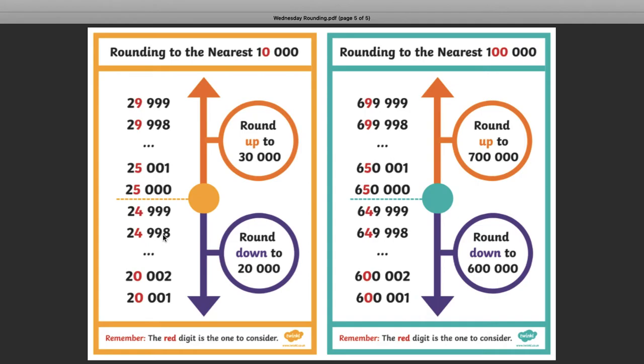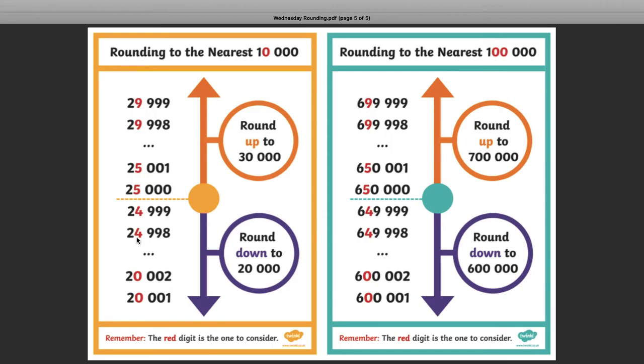Are we rounding down or are we rounding up? Well, we're looking at the thousands column and we see, is it 0, 1, 2, 3, 4? If it is, we're rounding down. If it's 5, 6, 7, 8, or 9, we're rounding up.